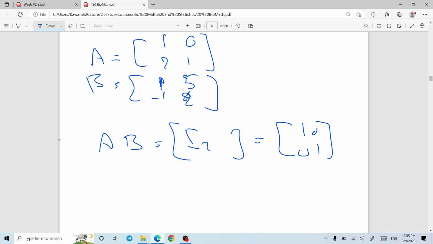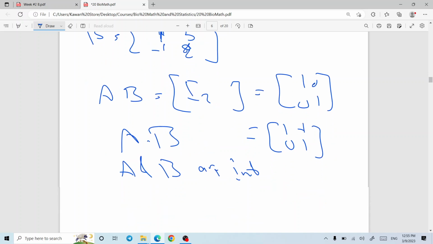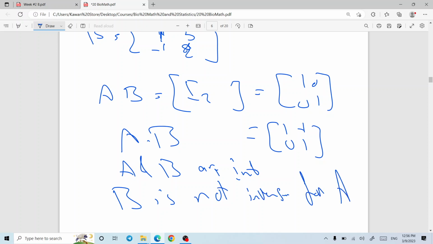Otherwise, if I got, for example, AB equal to 1, 1, 0, minus 1, I say A and B are not inverse, or B is not inverse for A. Clear, dears, these two concepts?